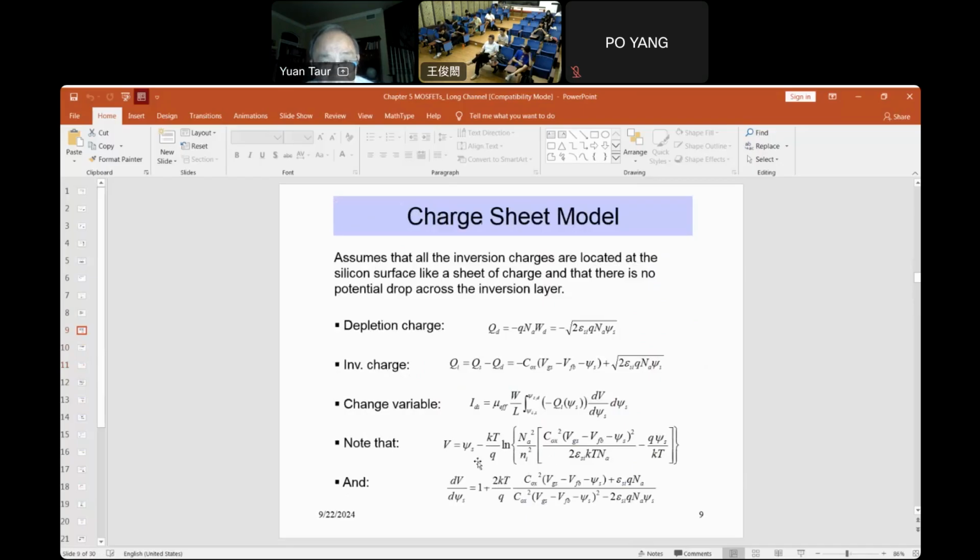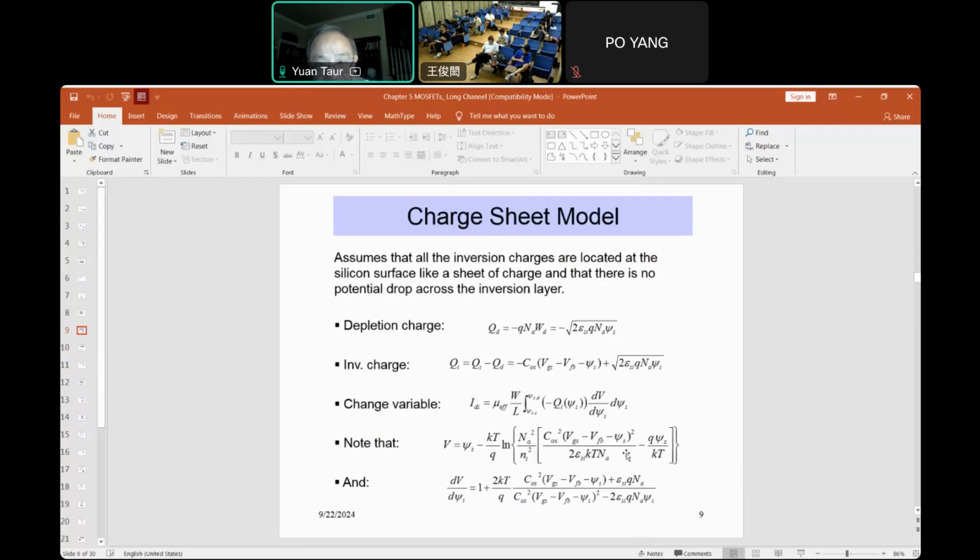As I said, for a given VGS, when V goes up, psi S goes up, and that gives you the V. But at a certain psi S, this square bracket becomes 0. So log 0 is minus infinity, which means that V equals infinity.